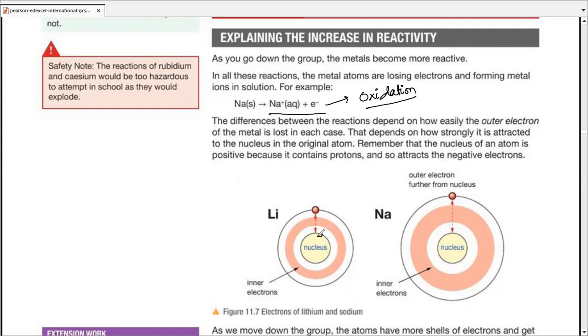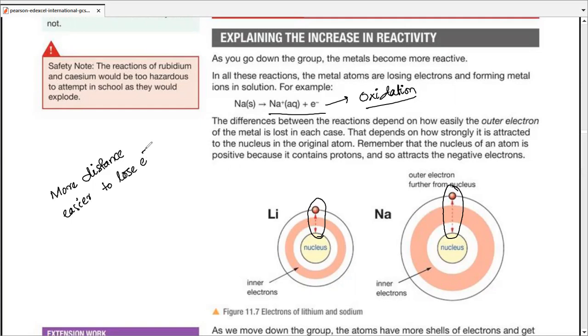Remember, we have discussed the distance between the outermost valence electron and the nucleus. The more the distance, the less strongly it is attracted to the nucleus. The less strongly it is attracted to the nucleus, the easier it is to lose the electrons. So, the more the distance, the easier it is to lose the electron.